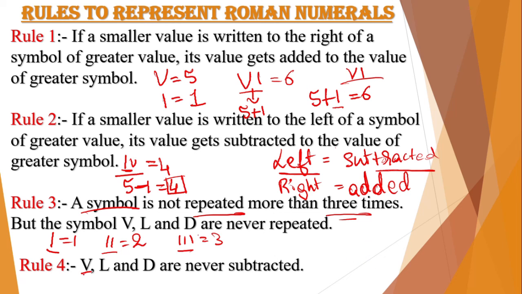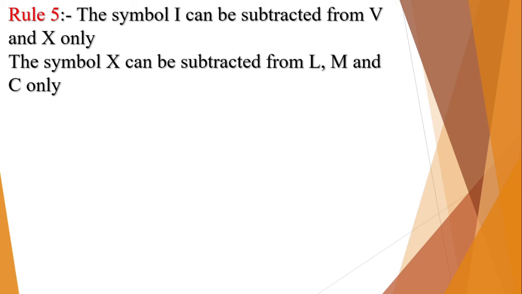So you can see V is not getting subtracted from I. So in the same way, L and D are also never subtracted. So this is the reason V, L and D are never subtracted. So this was the fourth rule. Now let's move on to the fifth rule.